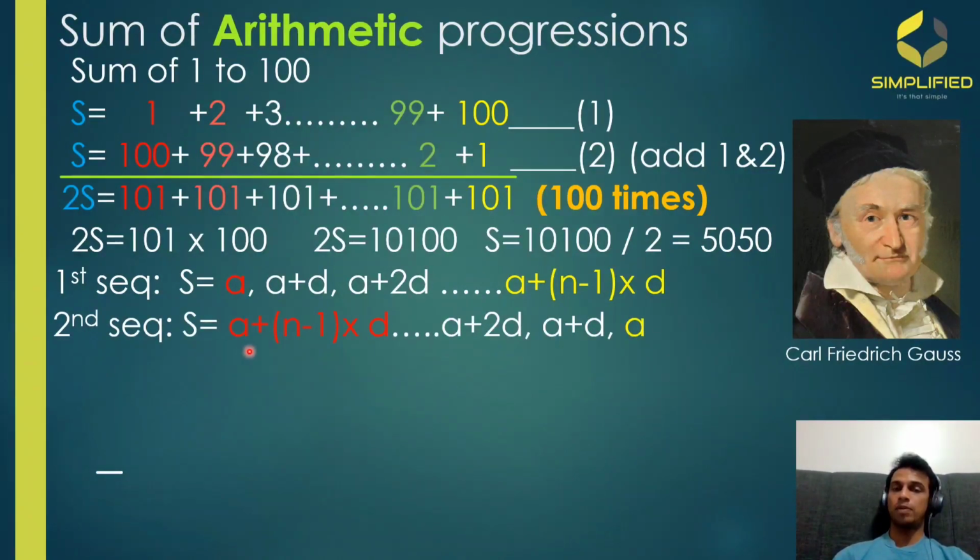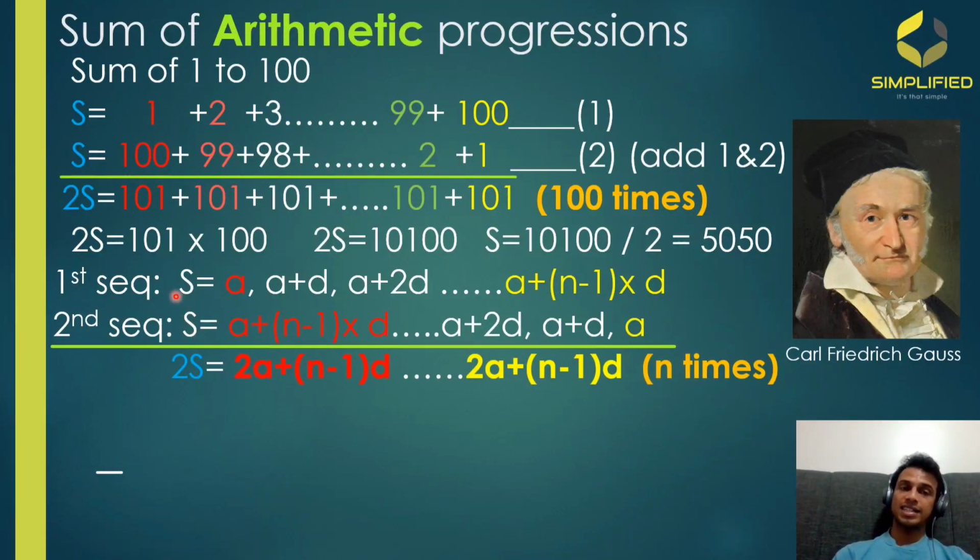Sum is equal to a plus n minus 1 into d. Then the next one is some other term. I'm not representing it right now because anyway you're going to get the same sum for every single pair. So that's the reason I'm not writing everything. And likewise, the last term will be a. So if you find the sum of each and every pair, you'll get the answer like this. When you are adding s plus s, it is going to be 2s.